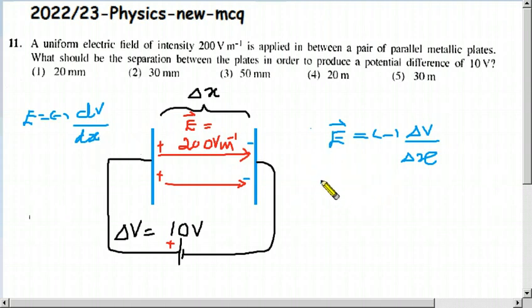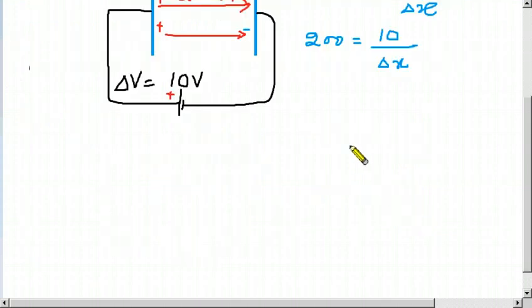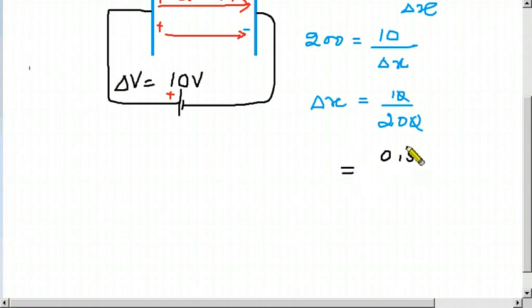So they have given E as 200. The minus sign we can neglect, it is not necessary here. So delta V is 10 volt, it is given. So delta x we don't know. So isolate delta x, then 10 divided by 200, the 0 cancels, then 1 divided by 20.